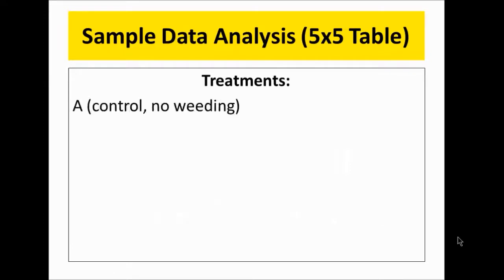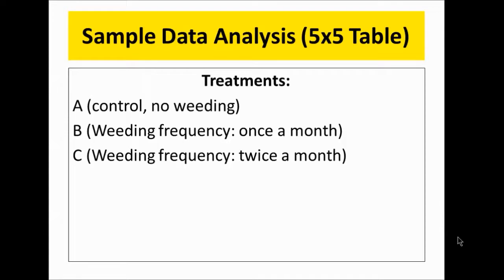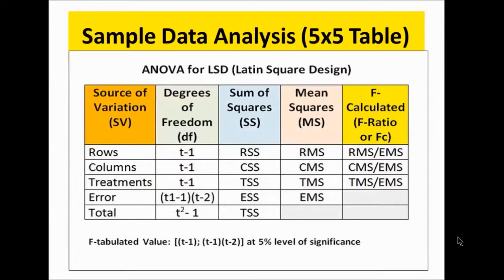What are these treatments? We have control, no weeding, designated as A; B, frequency is once a month; C, twice a month; D, thrice a month; and E, 4 times a month. So those are the treatments.